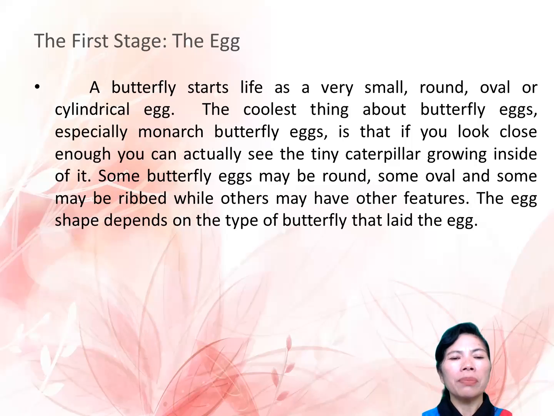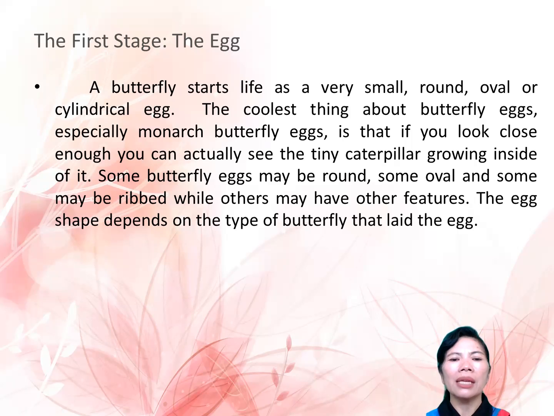The birth stage of the egg. A butterfly starts life as a very small round, oval, or cylindrical egg. The coolest thing about butterfly eggs, especially monarch butterfly eggs, is that if you look close enough, you can actually see the tiny caterpillar growing inside of it.